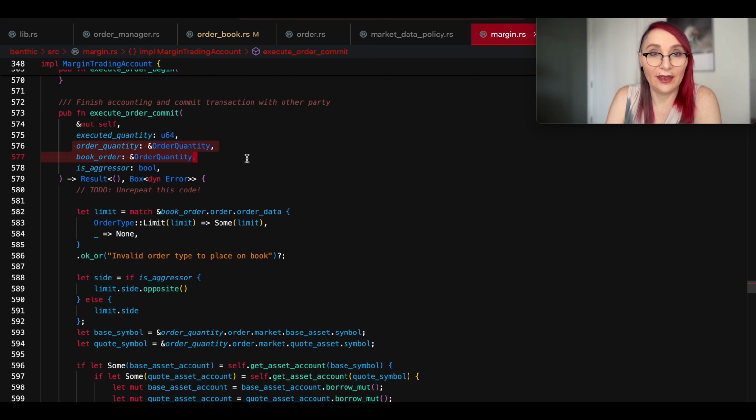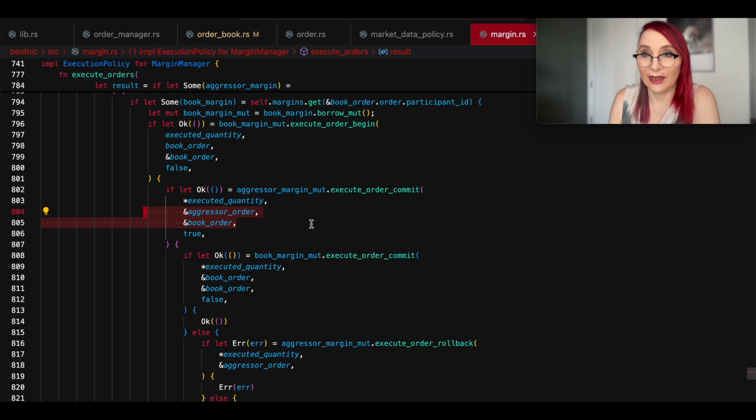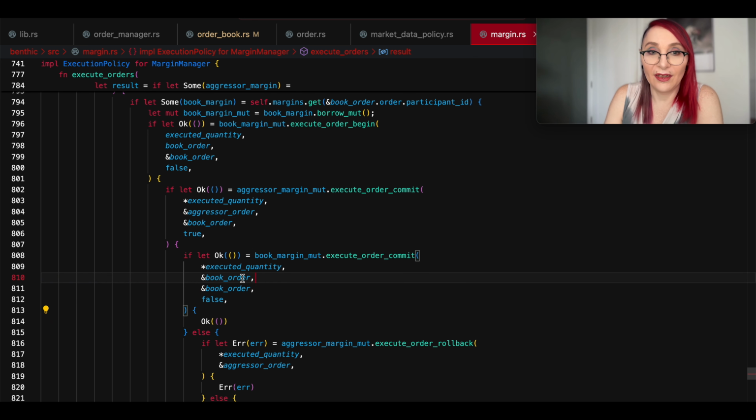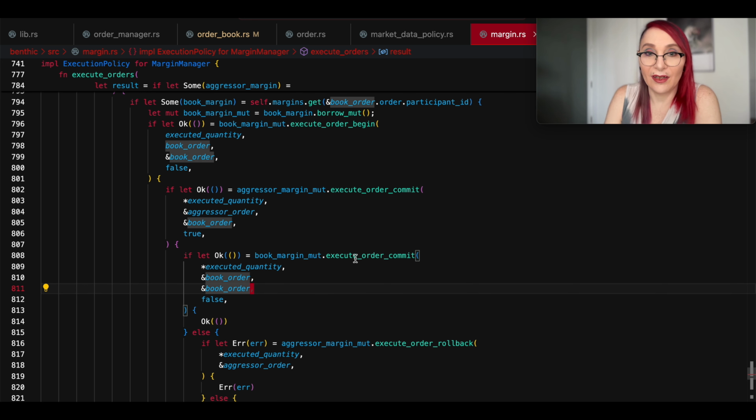So you can see that one account is the aggressor account and it is the aggressor order. So we have the aggressor order against the book order, but the second commit is a book order against a book order. Okay, it's not really against, it's just that this execute order commit requires a book order against which we are executing, and then the order, the leg of the order, right, that we are executing, okay?